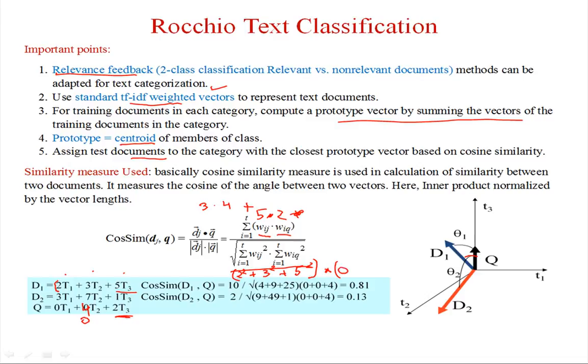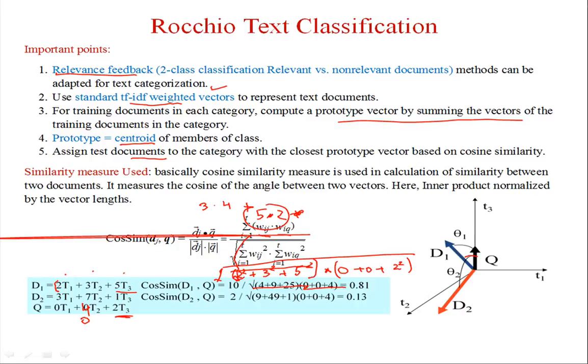So 0 square plus 0 square plus 2 square, and whole root. This will be equivalent to this, and this is equivalent to this. After that we will get this calculation result.